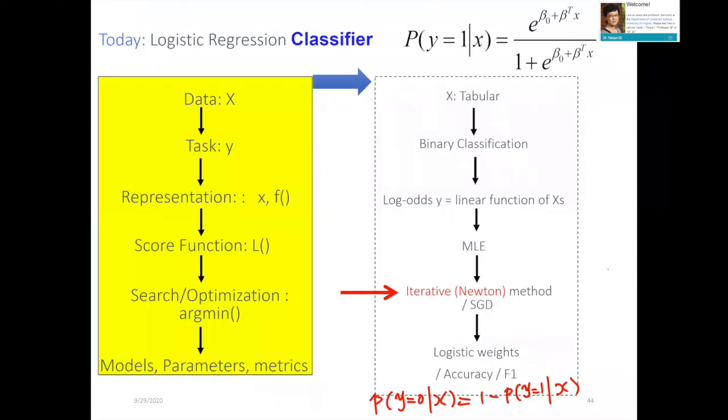Now we have a loss function, which is the likelihood or log likelihood. Let me make it more standard: the negative log likelihood. So how do you optimize it?